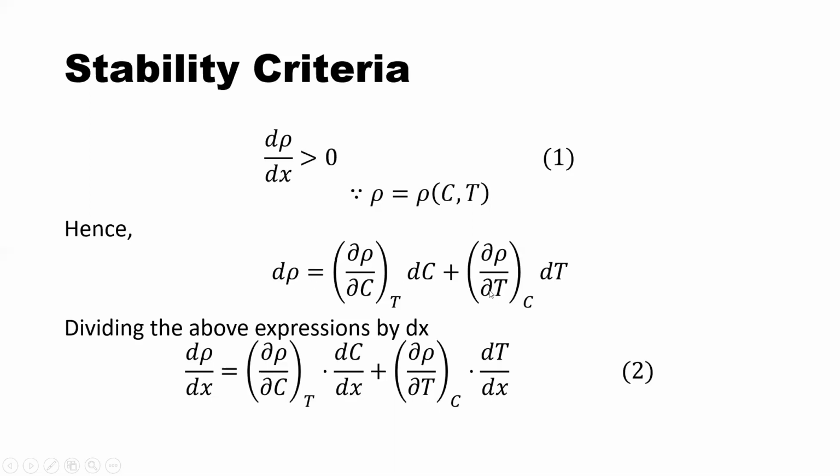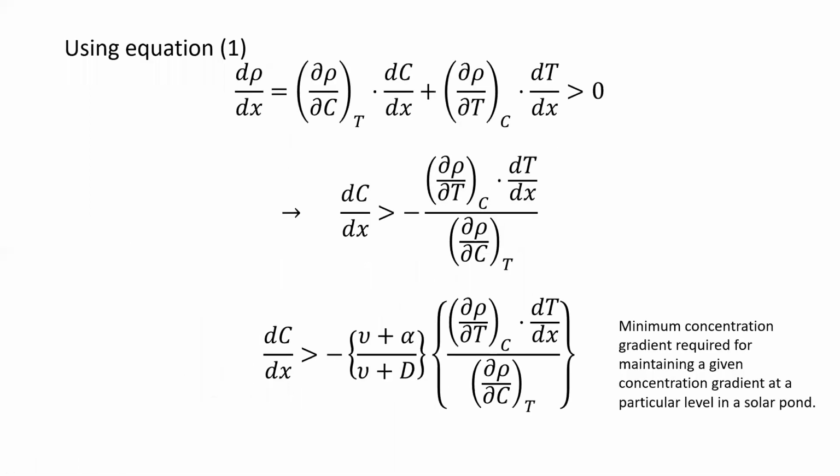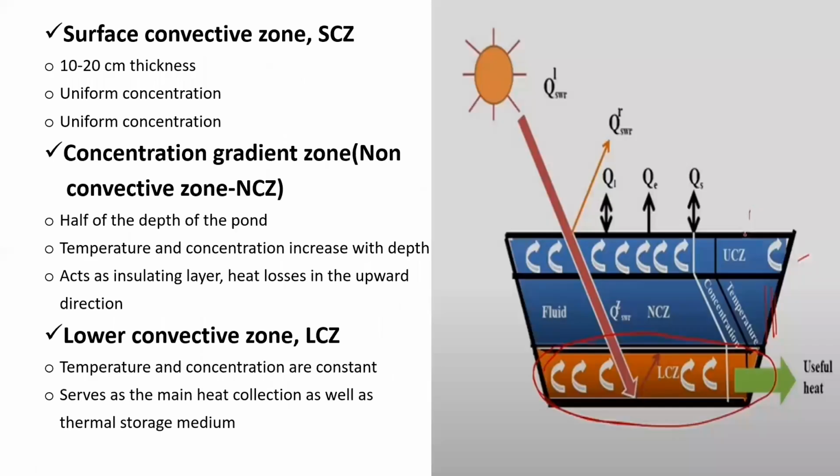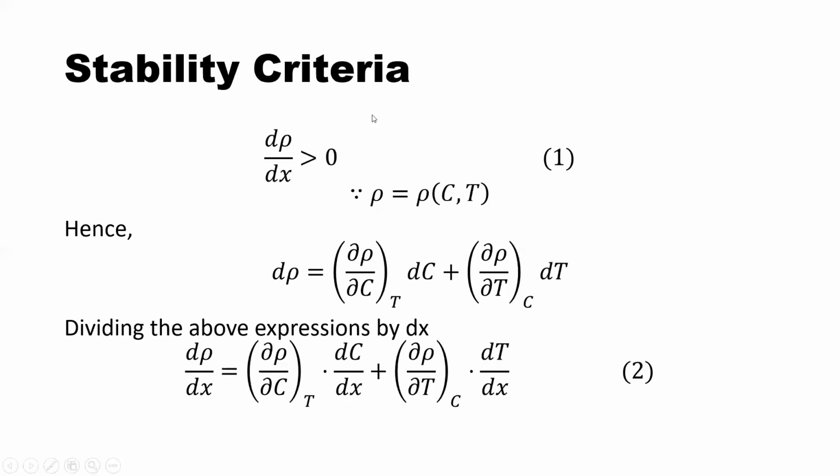Dividing the expression by dx, we get the expression for d rho by dx. We get equation 2, and using equation 1, d rho by dx is greater than or equal to 0.